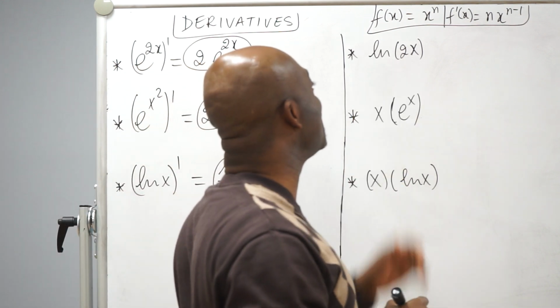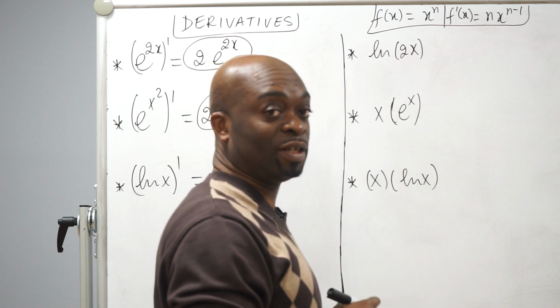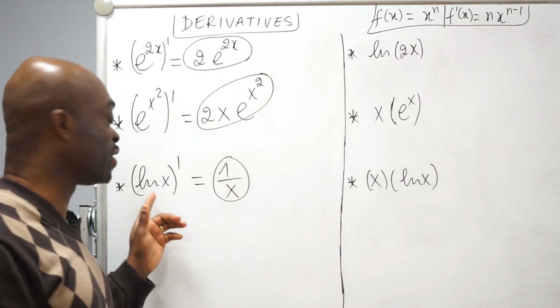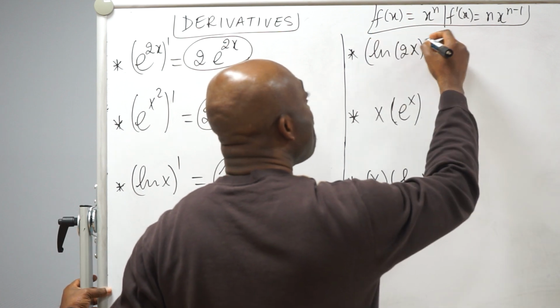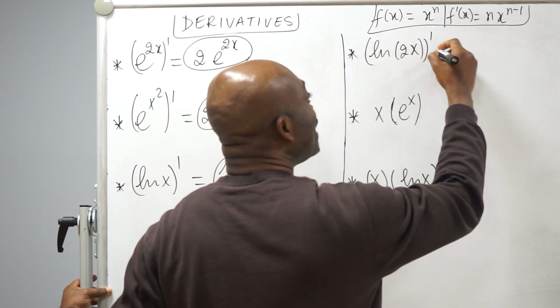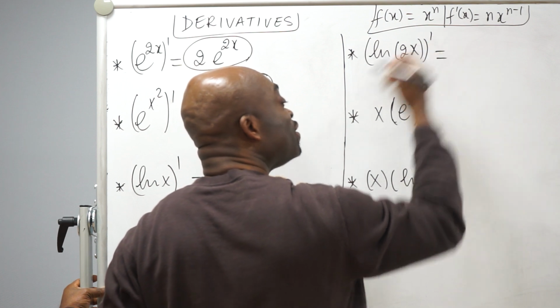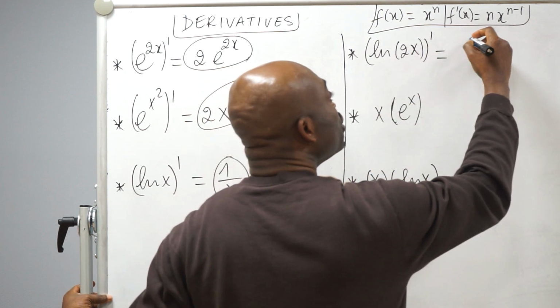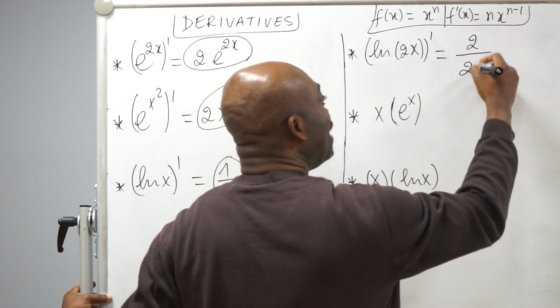Let's go to the next. So what's the derivative of ln of 2x here? So in the light of the one that we just did, what can we do? So the derivative of this one then is going to be equal to, we go inside and then we find the derivative of 2x, right? Which is 2, then over the same 2x that we have.